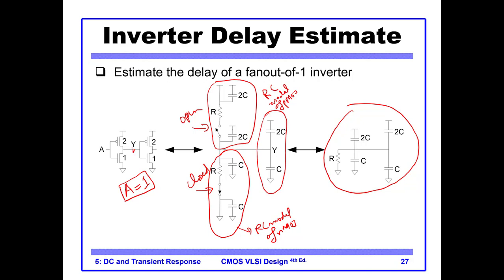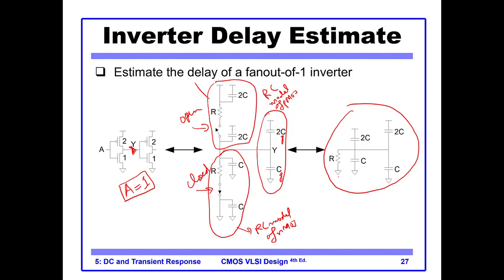So when we are looking into our second inverter, this is what our current sees: one gate capacitance of PMOS and gate capacitance of NMOS. So if we draw the equivalent circuit, because this one is open, the equivalent circuit is something like this.